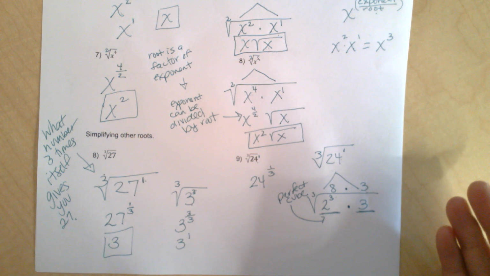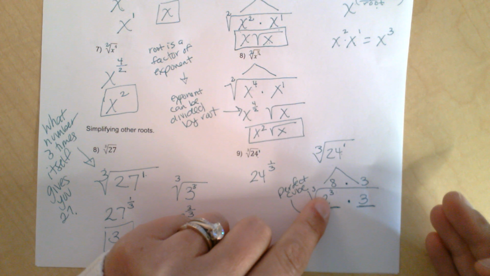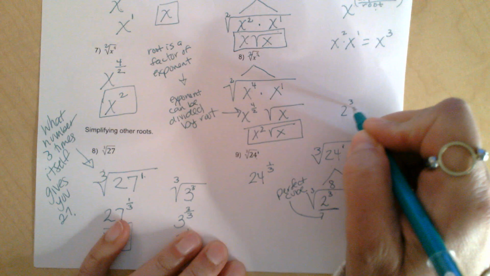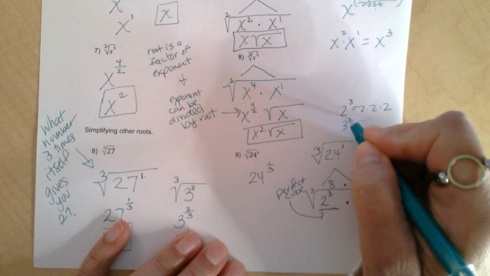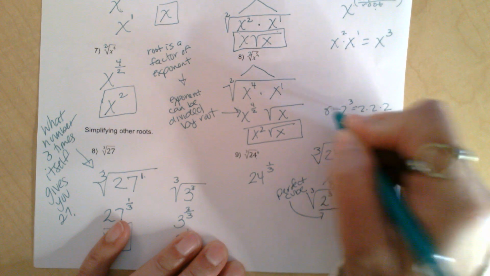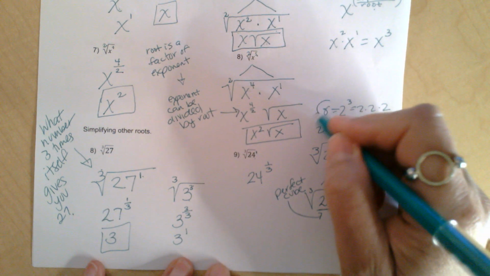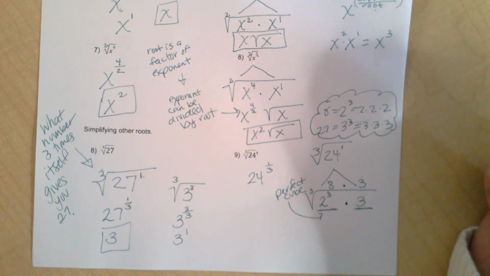It takes a lot of practice to realize that we're talking about perfect cubes, and you can use the calculator. 2 cubed is 2 times 2 times 2, 3 cubed is 3 times 3 times 3, so this is 8 and this is 27. You might even need to write these out. If you want a little page where you have your perfect cubes, you can. We're not going to go too deep into this. If you know your 2s, 3s, and 4s, that would probably be good.